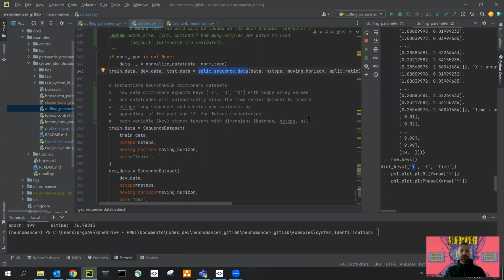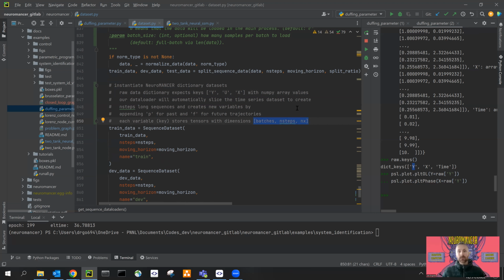We are going to instantiate 3 NeuroMANCER dictionary data sets that will expect keys like outputs, inputs, and states, carrying NumPy array values, and they will parse them into Torch tensor values and do this n-step ahead processing of different batches.